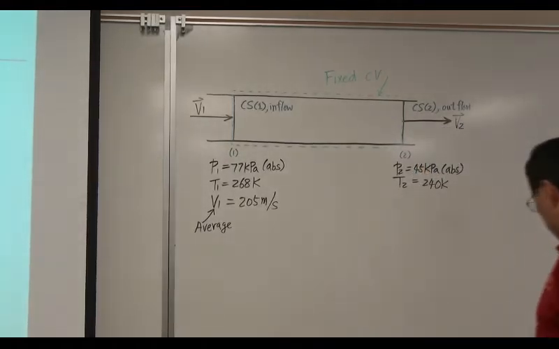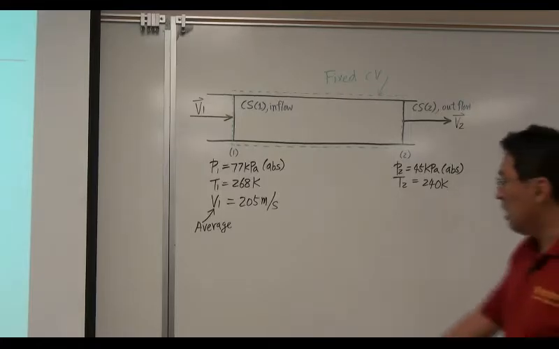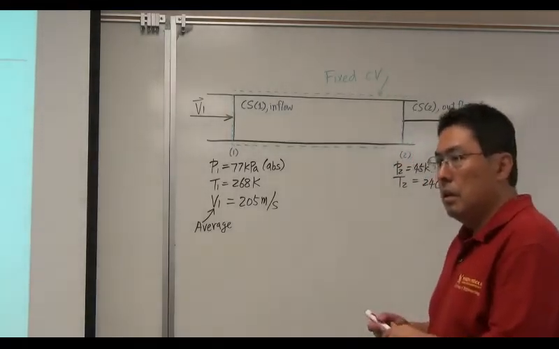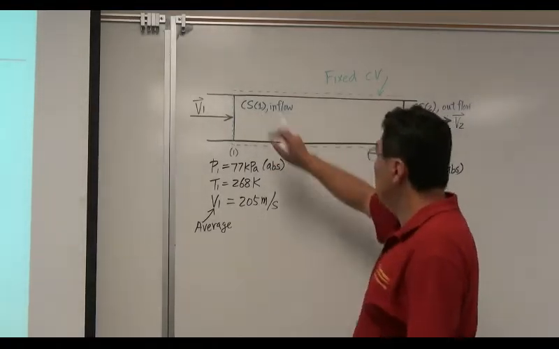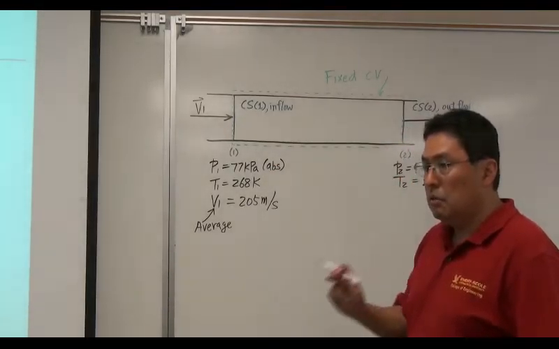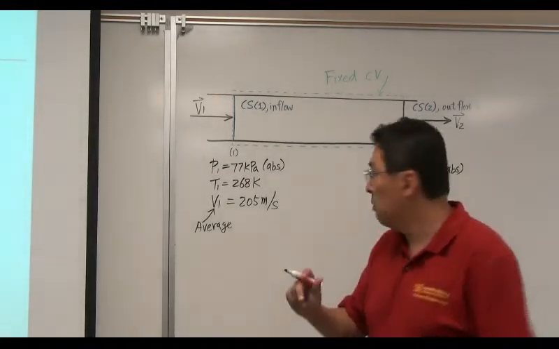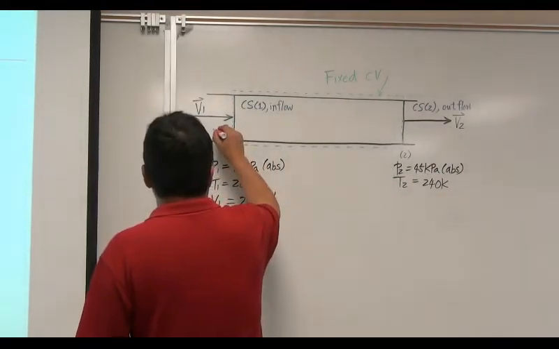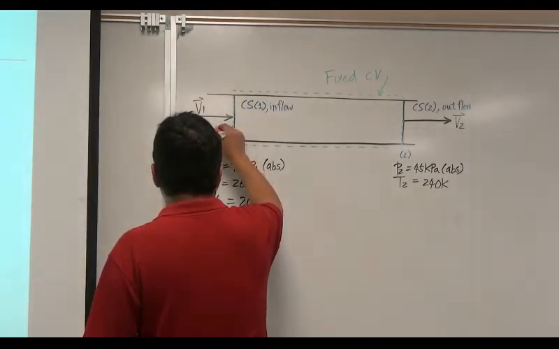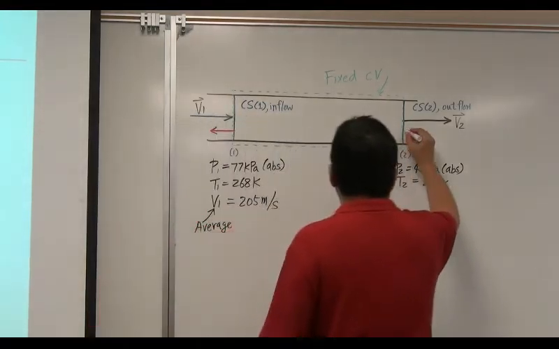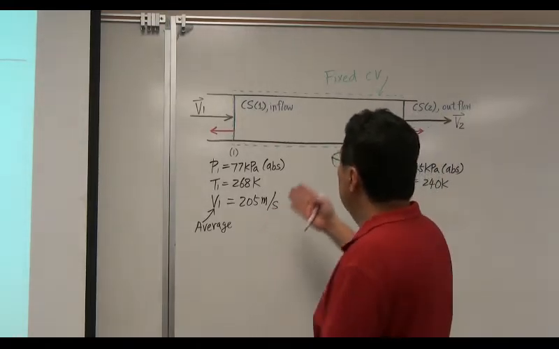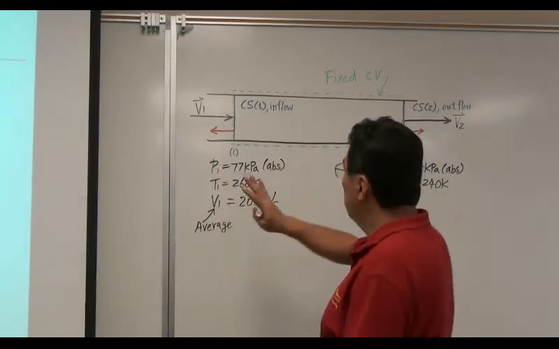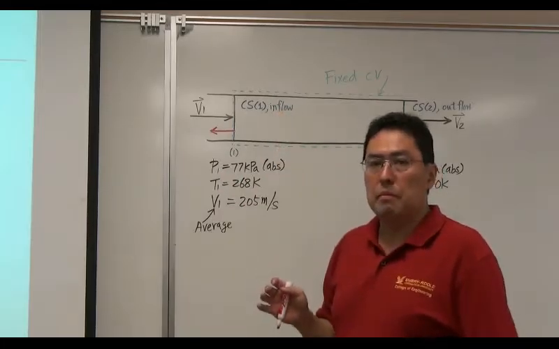Okay. So one thing before we start moving on, it is important to define at each control surface the outward unit normal vector. So it's outward, and outward at each control surface. Outward means outward from the perspective of the control volume.